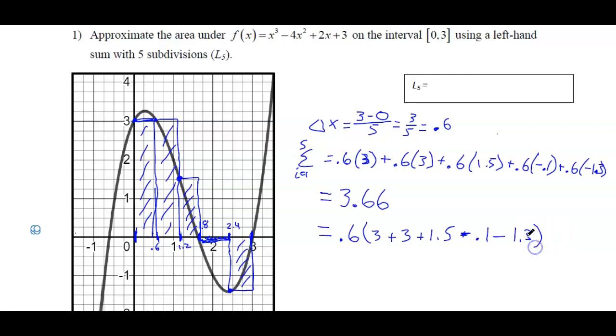So you can do that. That's one way of looking at it. It's kind of up to you. Sometimes that can save some time, particularly if there's a lot of, say, more than 5, maybe 10 of these. Just saves having to type in that 0.6 every time. So we're going to go ahead and say this left sum is 3.66.